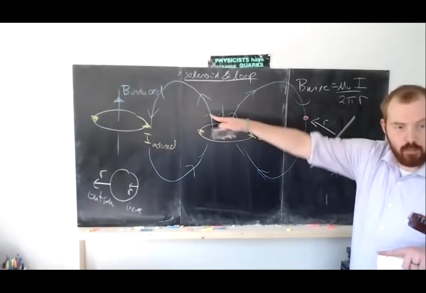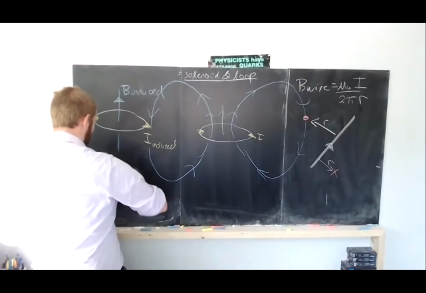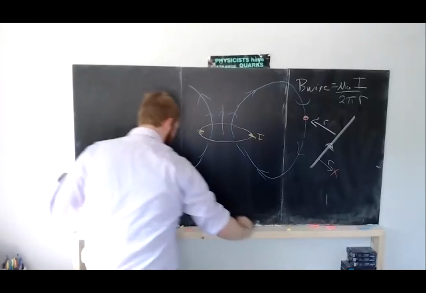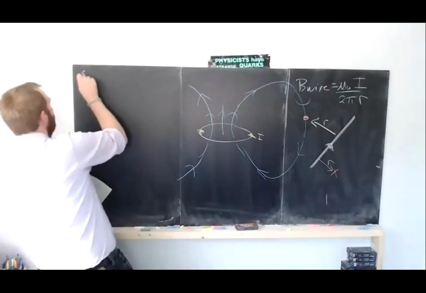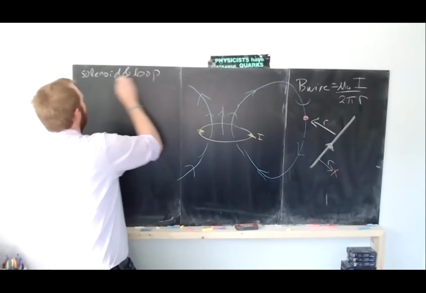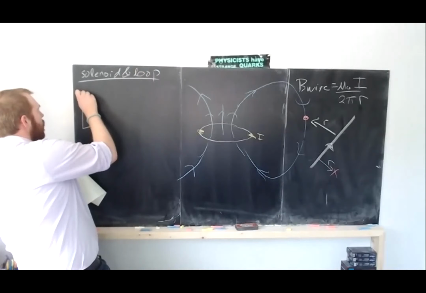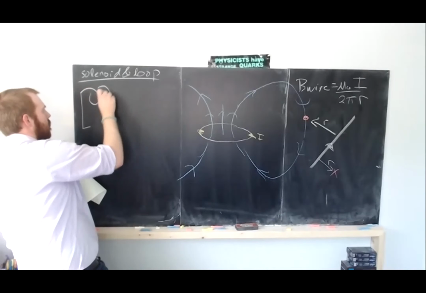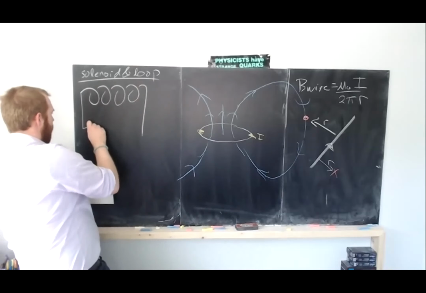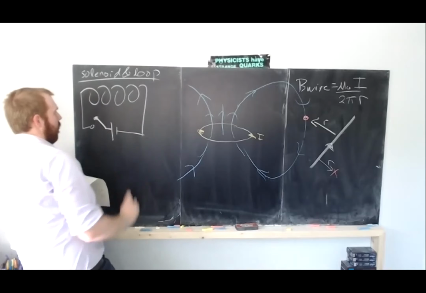I'm gonna erase the left board and start the solenoid loop example. Right. So here's the setup. I'm going to have my solenoid doing this. And I'll have a switch here and my battery.